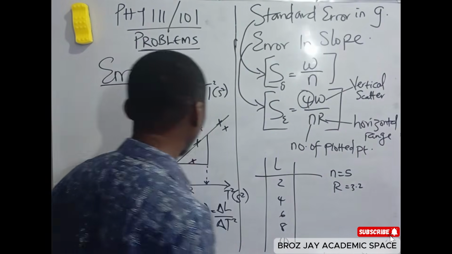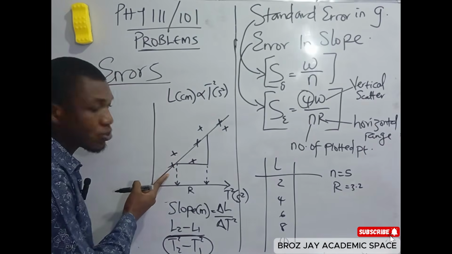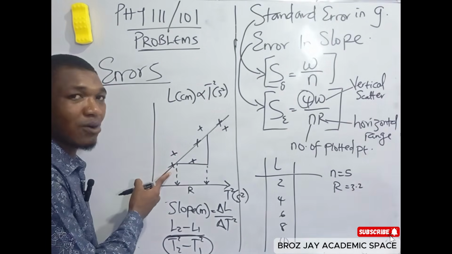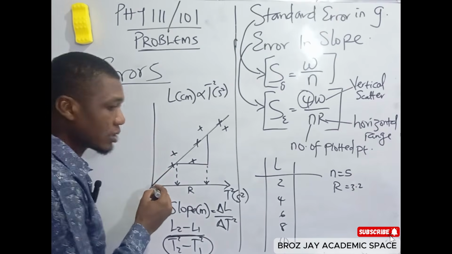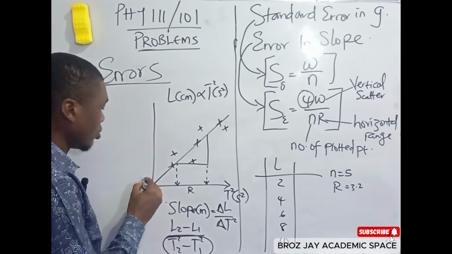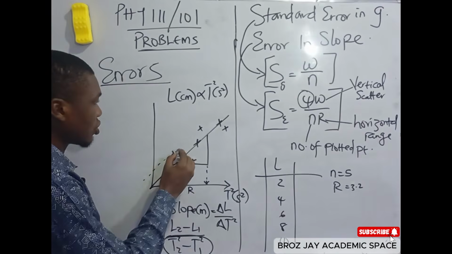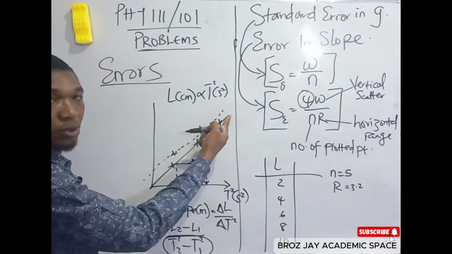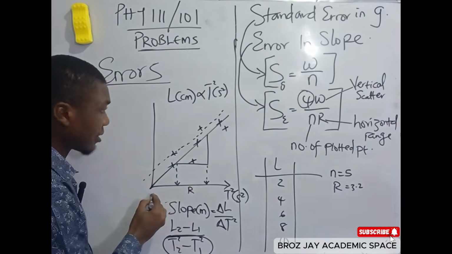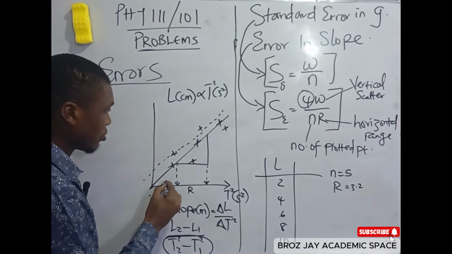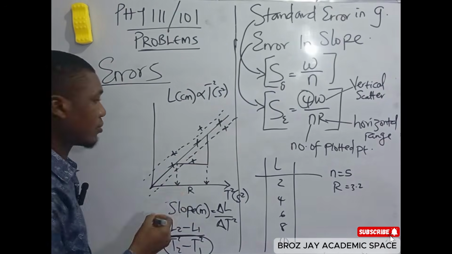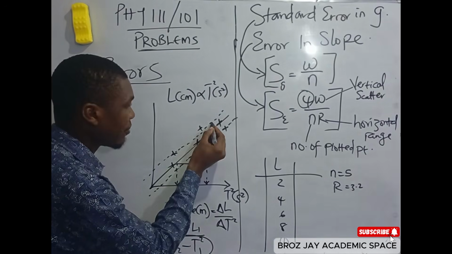Your W is what we want to get. Now, these points closer to the slope are how we get our W. So let's say we pick a ruler, we draw, make sure it's straight, like the one close to your gradient line. Let's pick another ruler, we draw, make sure you place it to this point. Now, another person might decide to pick from here to here.